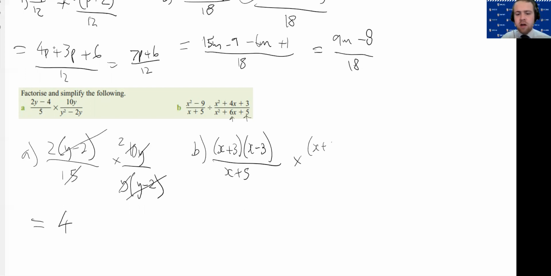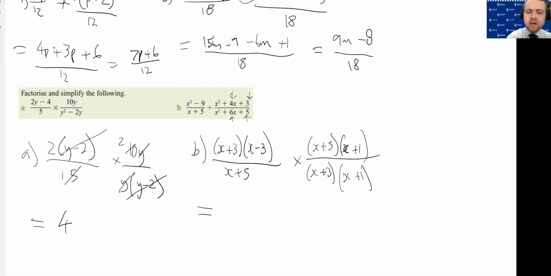So we get x plus 5 and x plus 1. Don't worry about that. We're going to do that more next week. And then finally, if we've got multiply to equal 3 and add to equal 4, it's going to be 3 and 1. So we can take out x plus 3 and then x plus 1. Okay, we're going to do more of that next week.